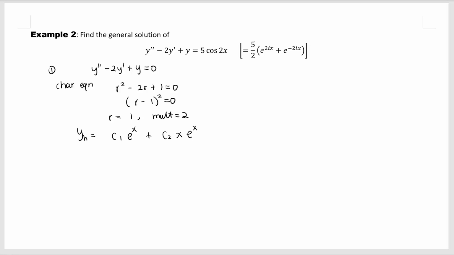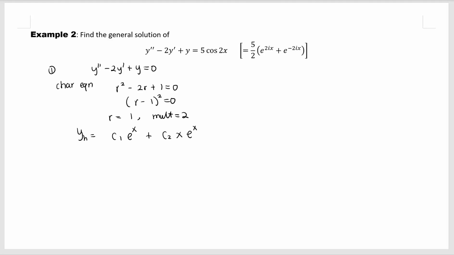You keep going until you reach x to the multiplicity minus 1, in this case, just x to the 1. You can also count this by the multiplicity being 2, so the degrees of freedom is also 2. So for multiplicity k, you have k degrees of freedom, so you should have k constants there.